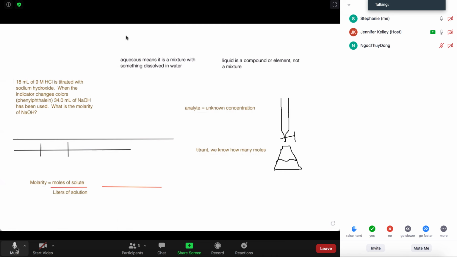So we'll pull out the information that we know. We know the volume of sodium hydroxide. We know the volume of hydrochloric acid and the molarity of hydrochloric acid.